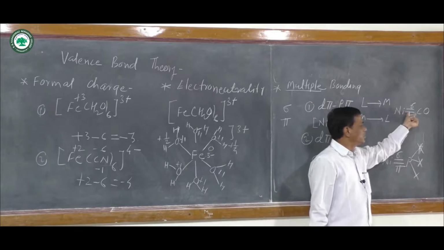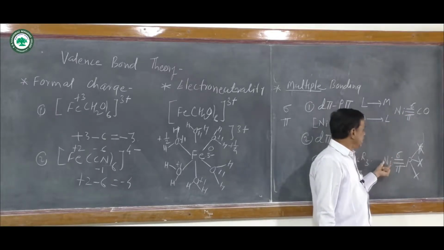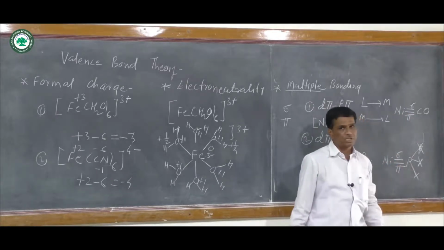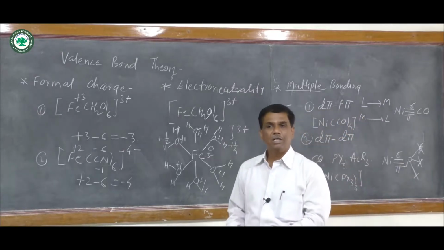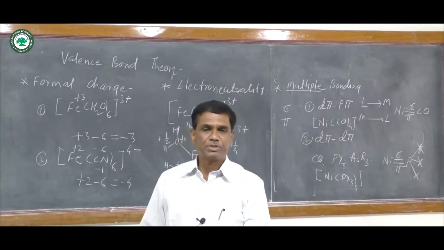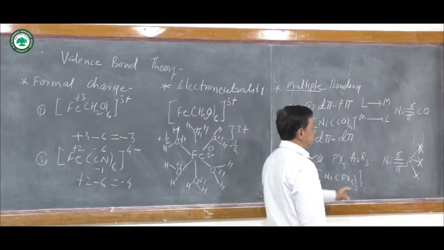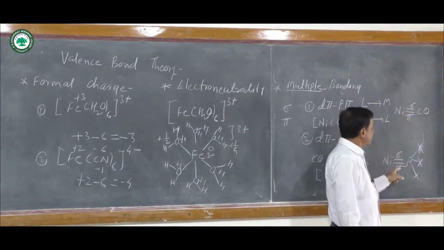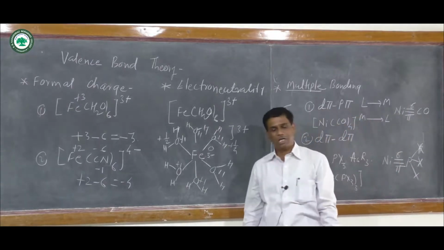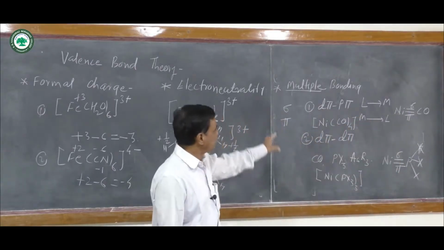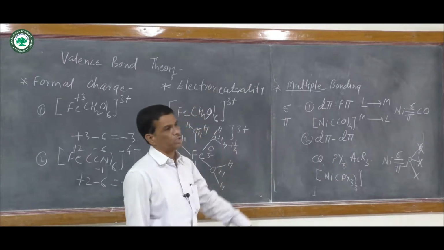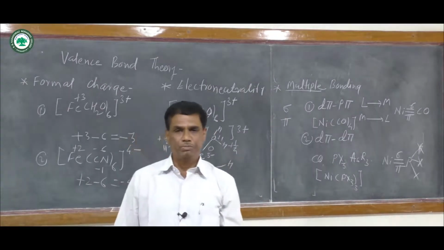Nickel double bonds with the carbonyl ligand, nickel double bonds with the phosphorus ligand, and so on, with formation of sigma and pi bonds. You know that a sigma bond is formed due to linear overlap, and a pi bond is formed due to lateral overlap, and such arrangement occurs according to valence bond theory, VBT.